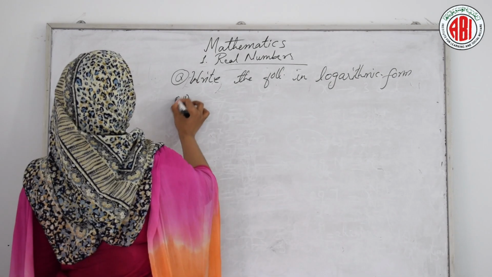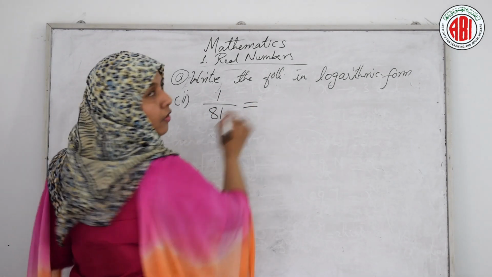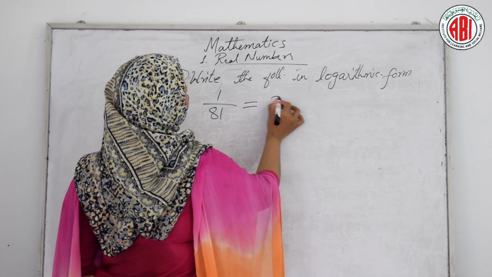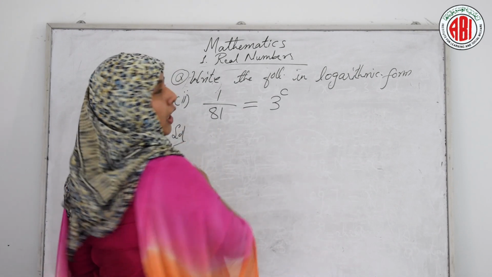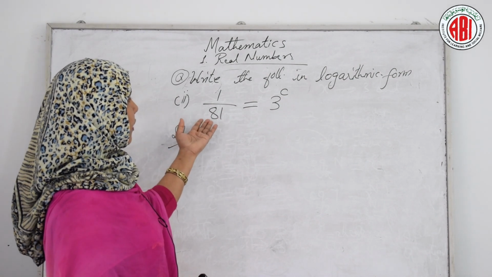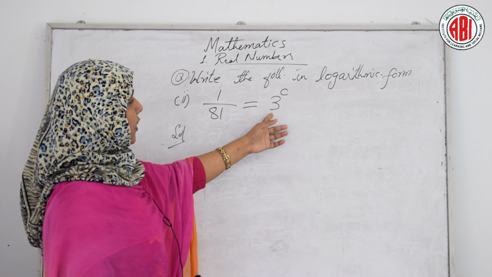We have another question, that is 1 by 81 equals 3 to the power c. How to do this? This is x, this is n, this is a.